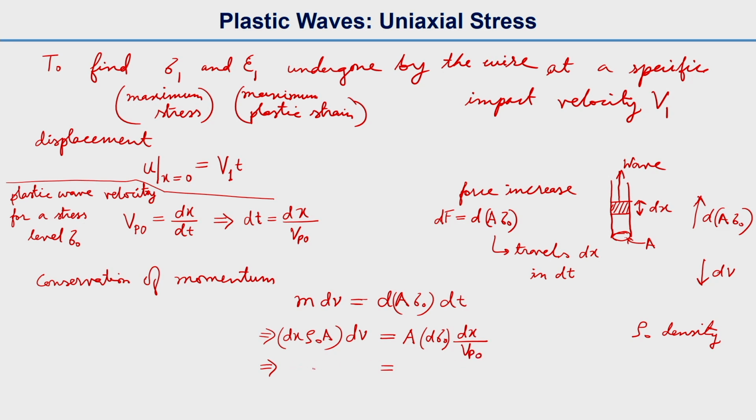Now for dv, we can cancel out dx and A, and that will give us 1 by rho naught d sigma naught divided by the plastic wave velocity at a stress level sigma naught.